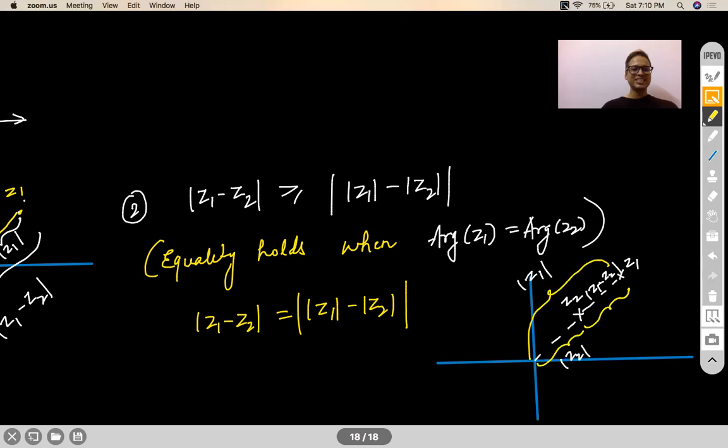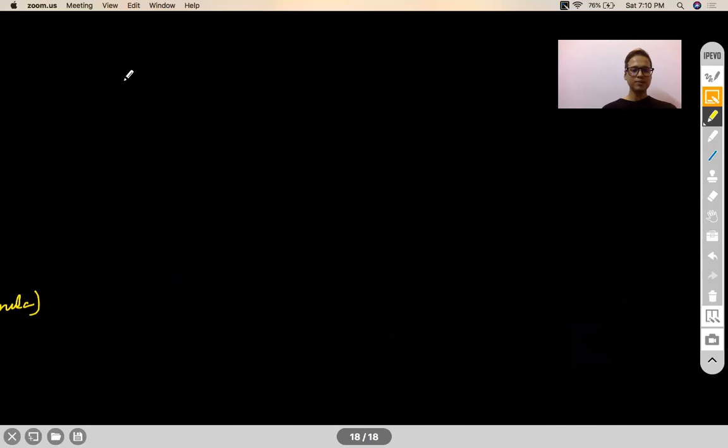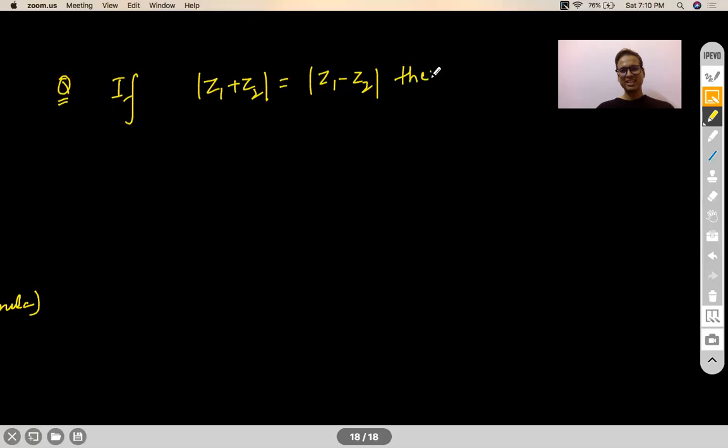Okay. Based on this, I would like you to tell me this. If mod Z1 plus Z2 is equal to mod Z1 minus Z2, then what can you comment about the difference of argument of Z1 and Z2?